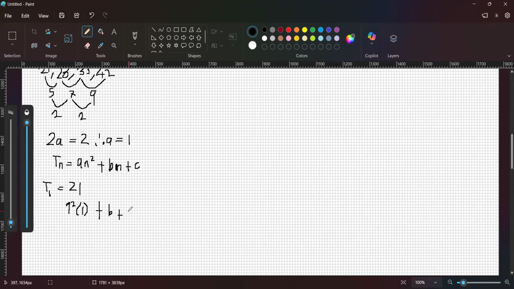All this is equal to 21. So we got this part figured out. What that means is that B plus C will be equal to what? 21 minus 1, which is 20. And then this will form our equation 1.